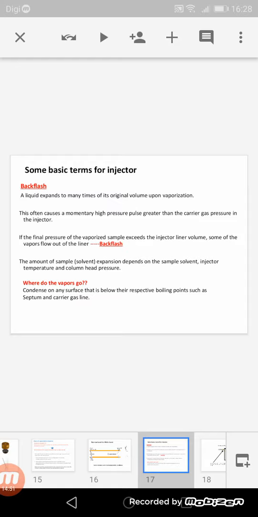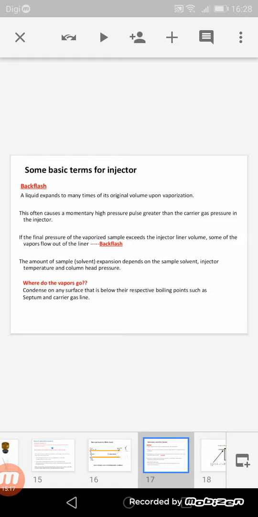When the final volume of the vaporized sample exceeds the injector liner volume, some of the vapor will flow out from the liner. The amount of sample solvent expansion depends on the sample solvent, injector temperature, and column head pressure.